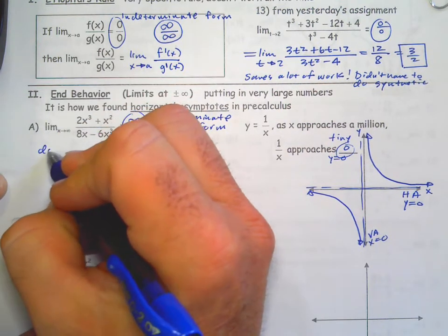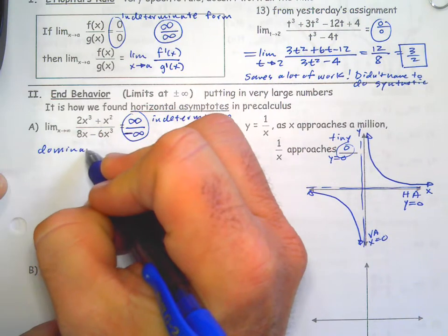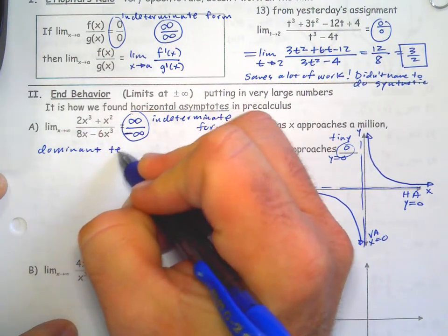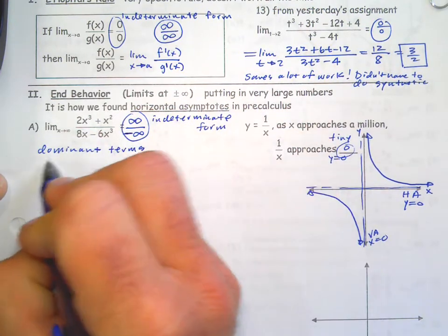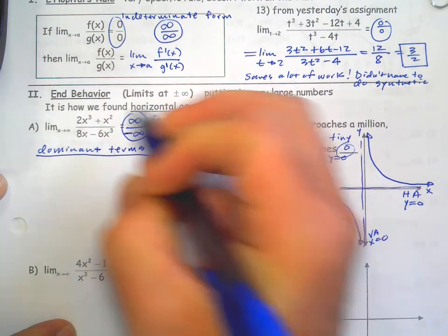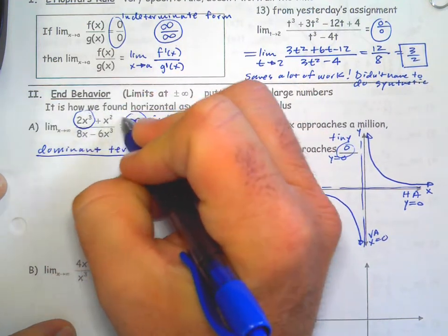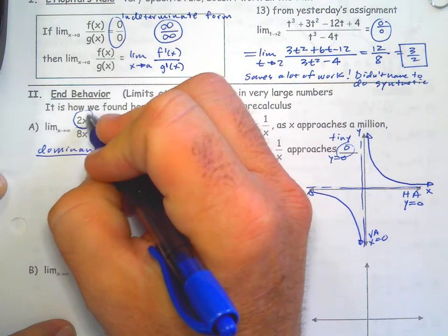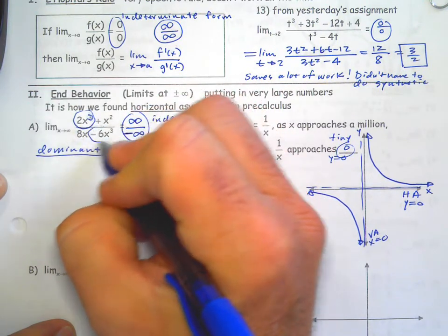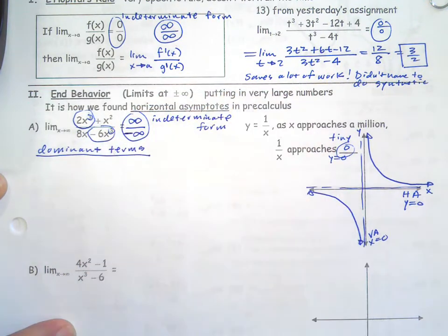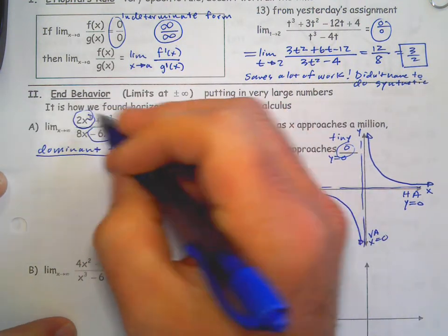What I want to focus on are the dominant terms. This only makes sense when we're plugging very large numbers in. Okay, the dominant terms are the terms that are going to get bigger than all the other terms. So on the top, this is the dominant term, 2x cubed, because of that exponent. On the bottom, the minus 6x cubed is the dominant term of those terms. And then between these, one of them might dominate the other.